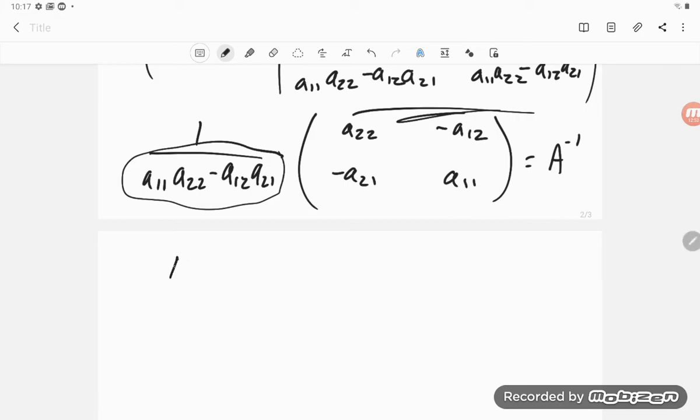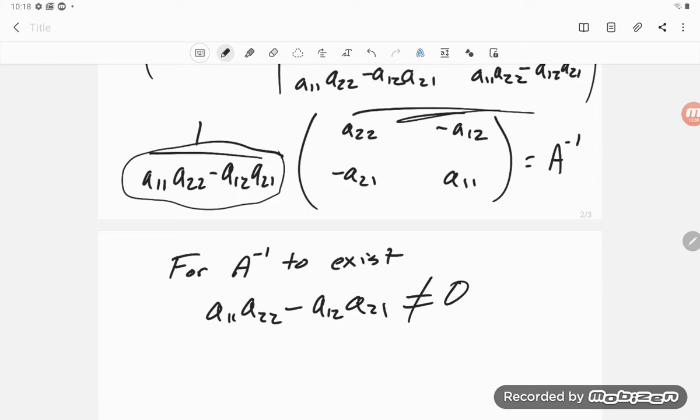But for A inverse to exist, A11, A22 minus A12, A21 cannot equal 0.